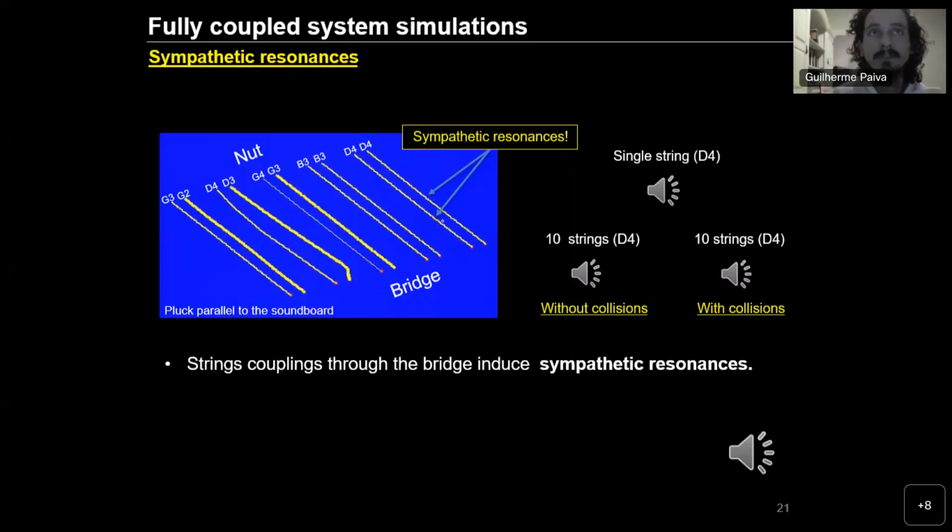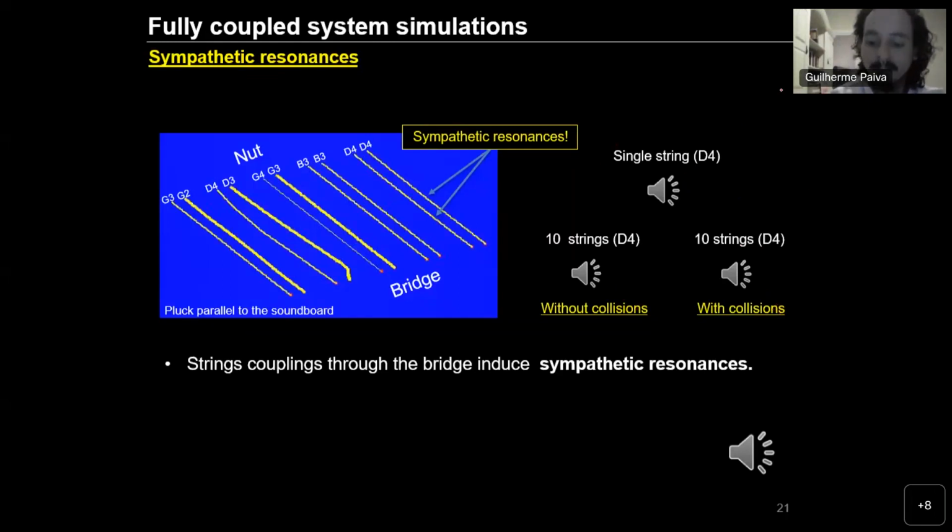So this is the complete instrument, okay? So we could note sympathetic resonance, and we generated 3 sounds, okay? We're gonna listen first to a single string without the 10 strings. The second sound, we consider the 10 strings, but without collisions. And the third sound, we consider the 10 strings, but with collisions.